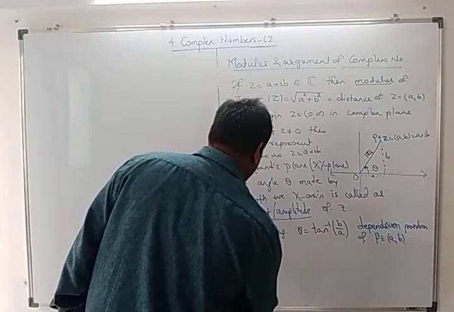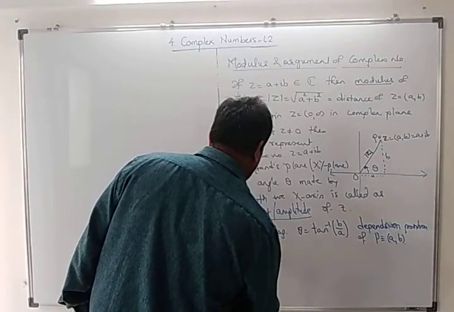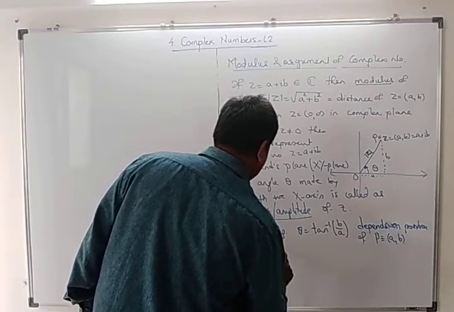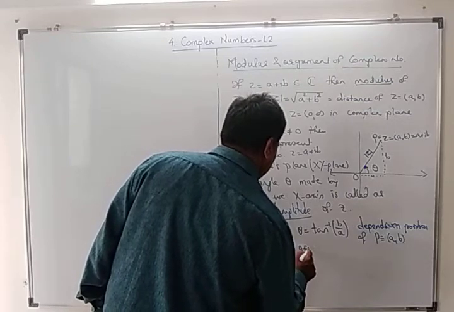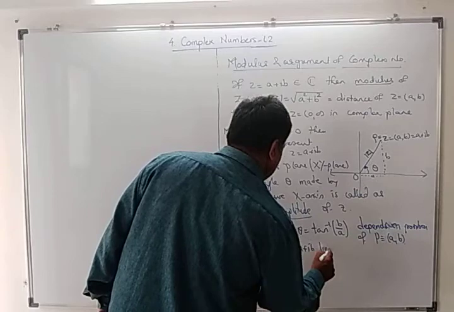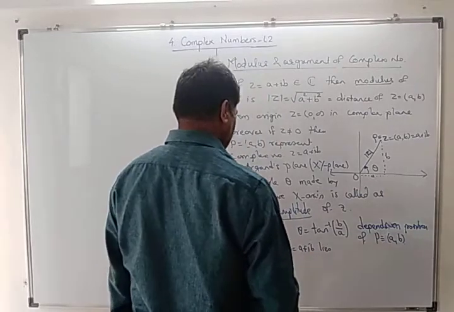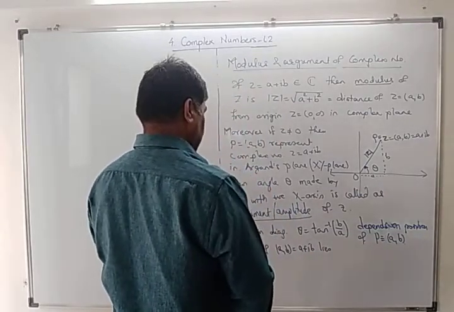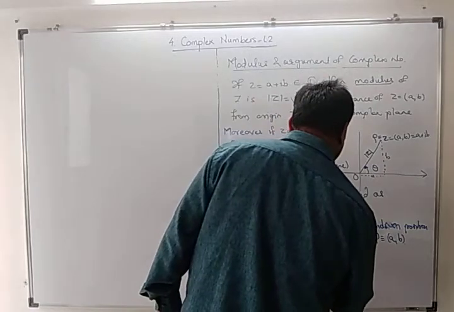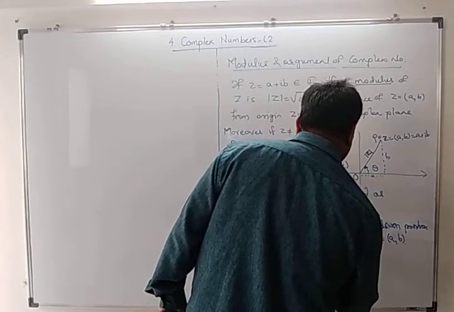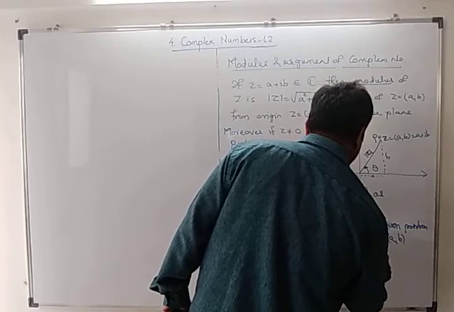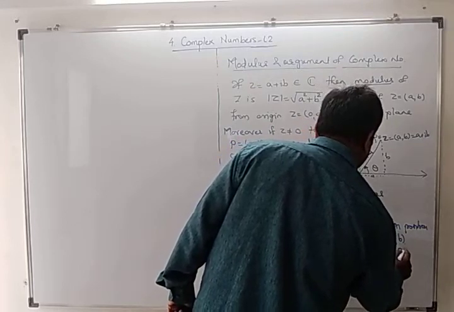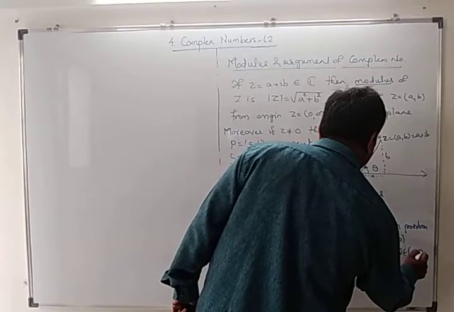If a + ib lies in the first quadrant, then theta belongs to 0 to pi by 2.